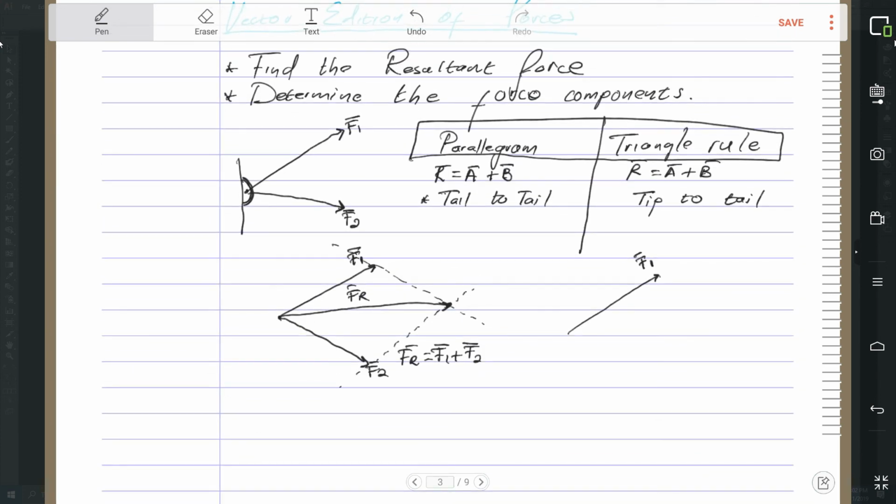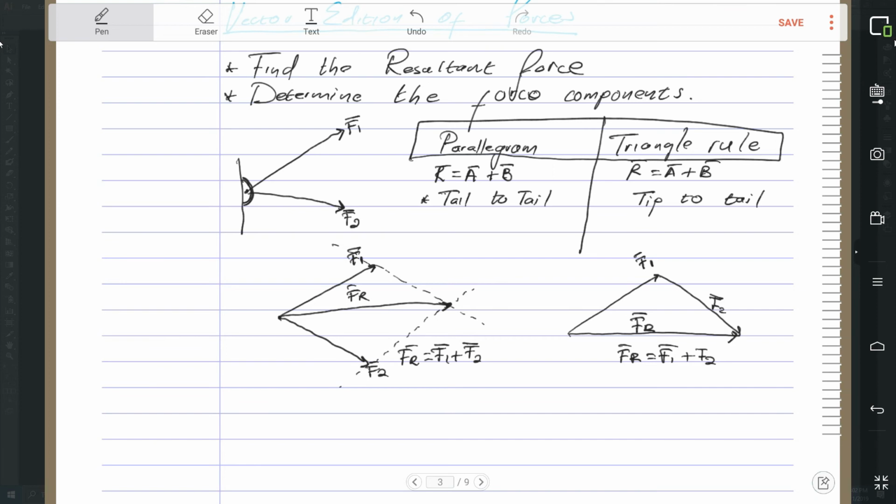So that will be my F2. Then my resultant force FR will be that. Or one can decide to add F2 to F1, which will still be the same thing.